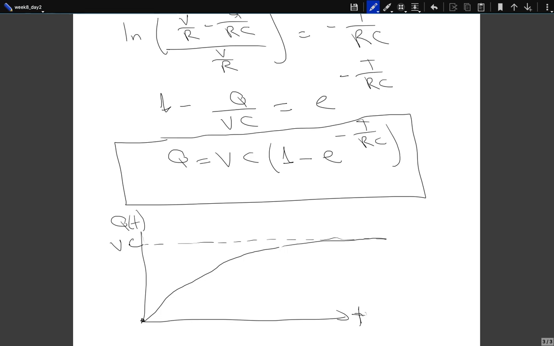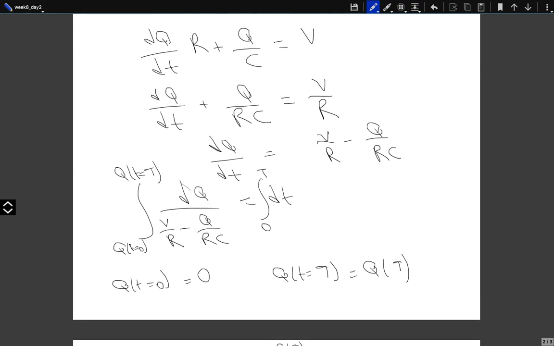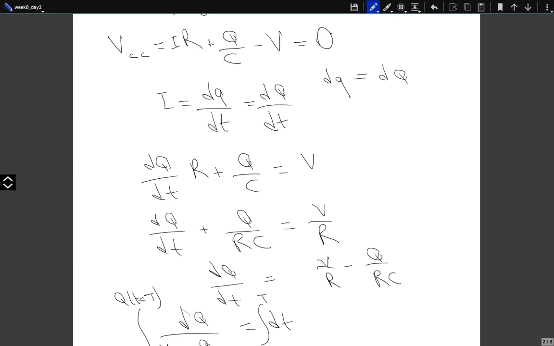We expected that eventually Q over C should be equal to V. So that is the final value of the charge on the capacitor. Now we can find the current.